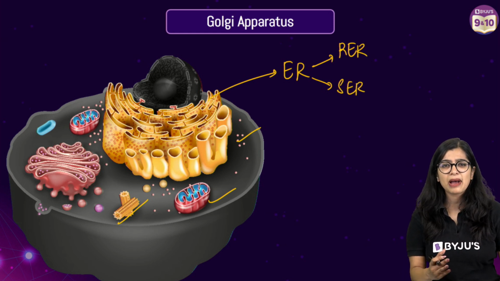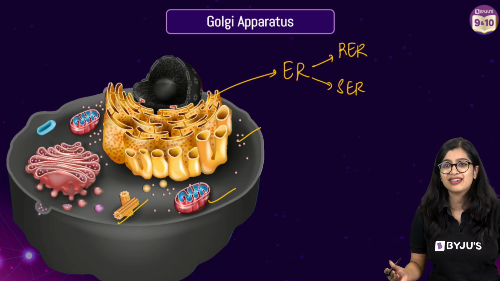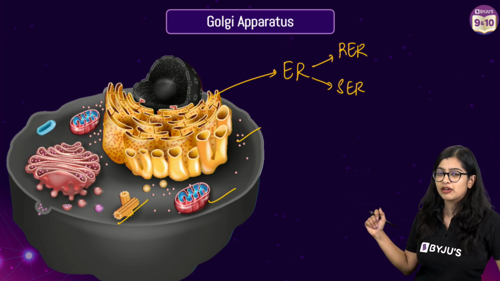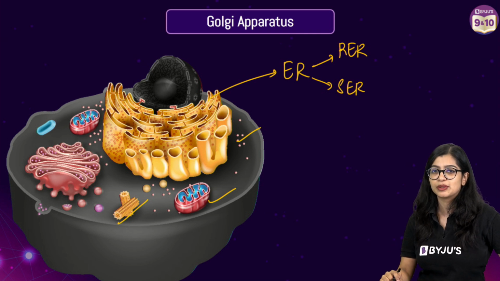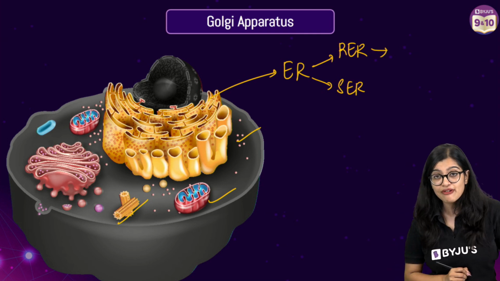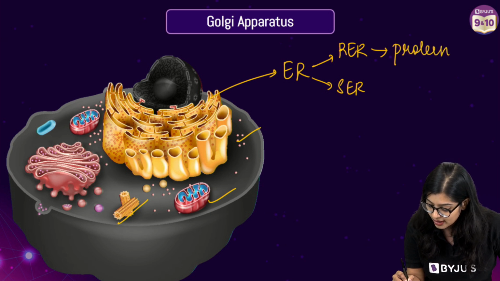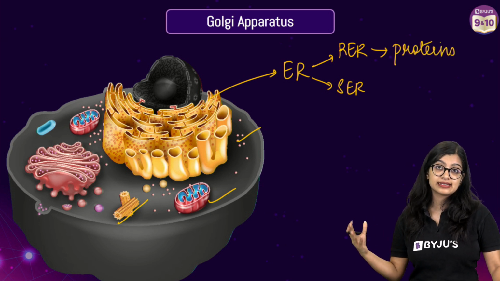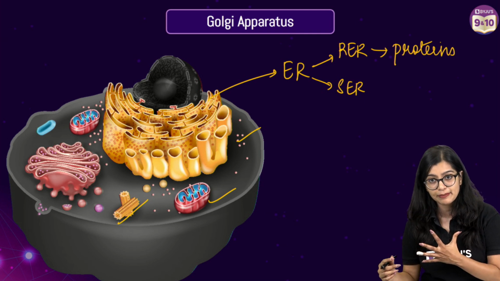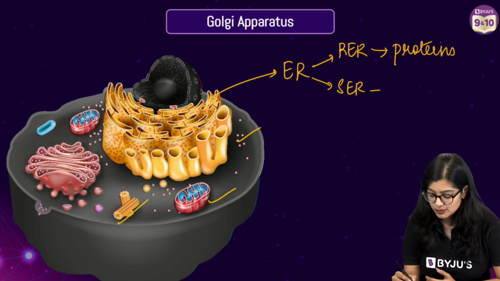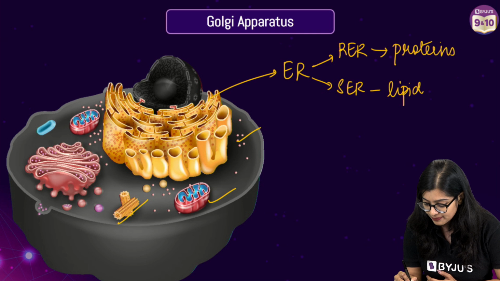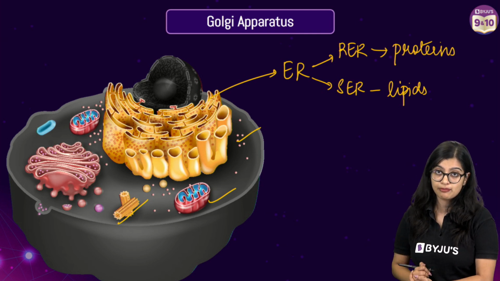Now you must be thinking, ma'am, it's all about Golgi apparatus, but why are you talking to me about rough endoplasmic reticulum? I will tell you in just a minute. Now we know that our rough endoplasmic reticulum is responsible for synthesizing proteins. And we know that some of the proteins are necessary for formation of the cell membrane, along with the smooth endoplasmic reticulum which synthesizes lipids, which is also necessary for formation of membranes.